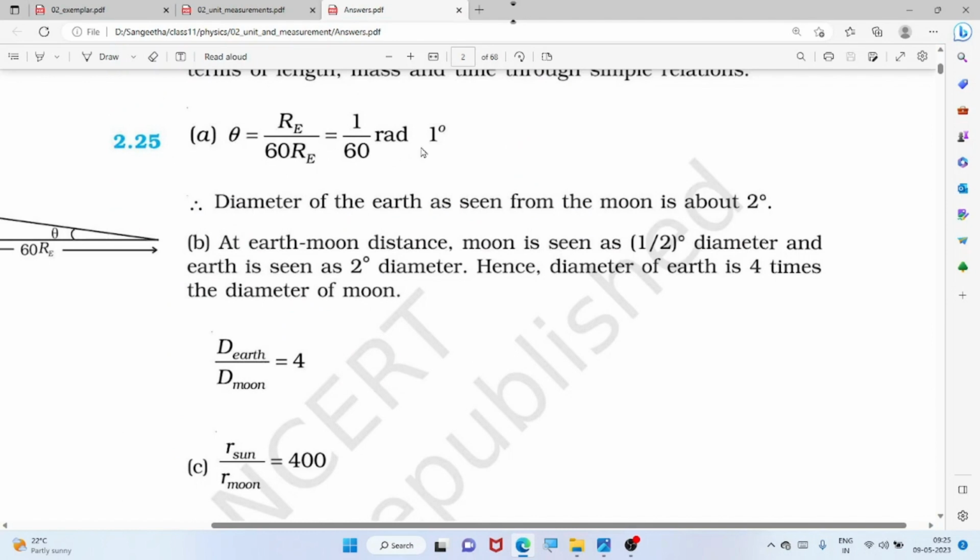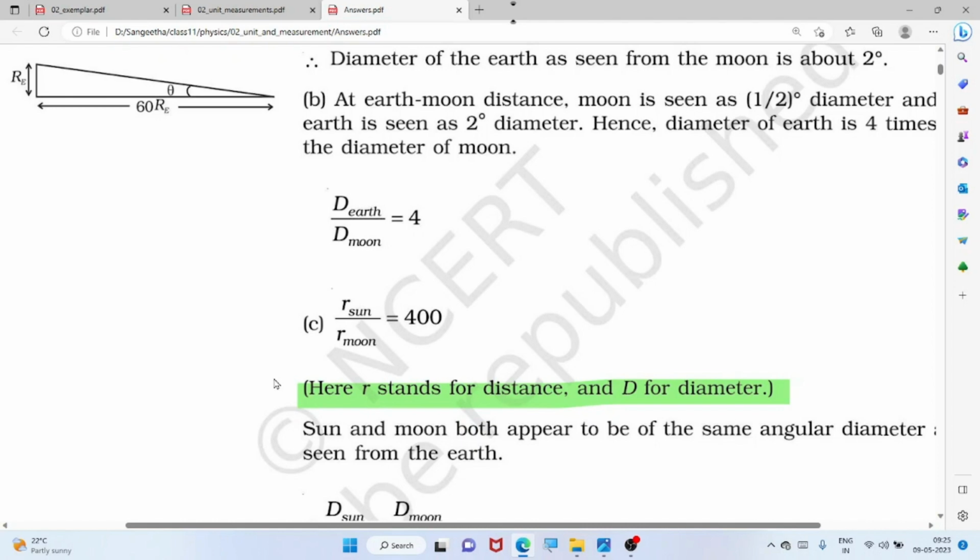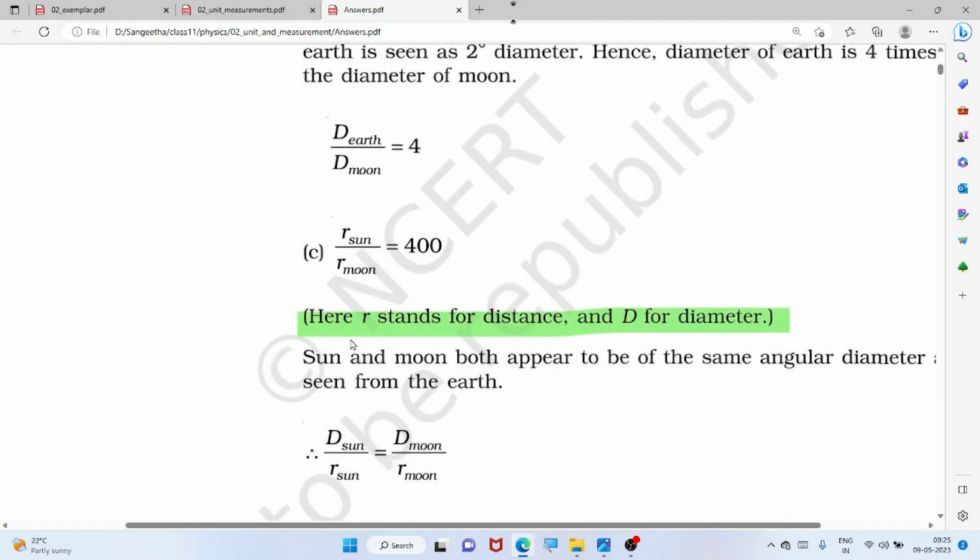Theta equal to this many radians. The diameter of the earth as seen is about this, so you can go through it. Here R stands for the distance and D for the diameter.